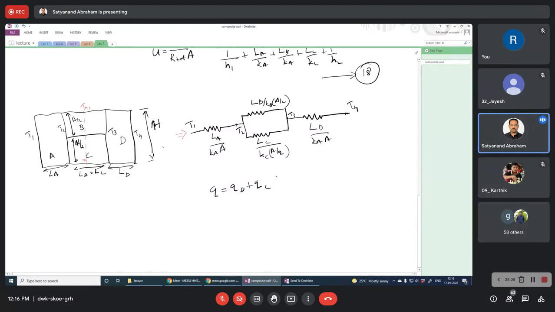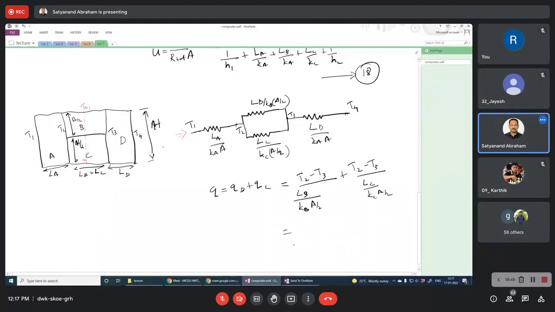So you can write Q equal to T2 minus T3 divided by LB by KB into A by 2, plus T2 minus T3 divided by LC by KC into A by 2.